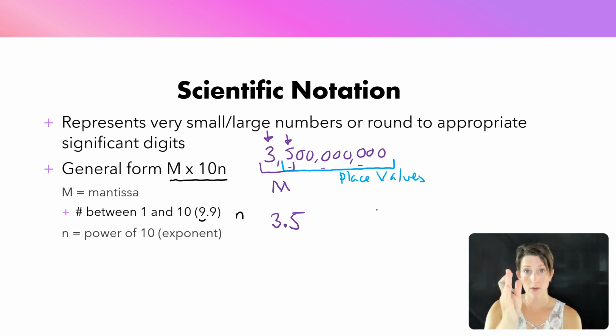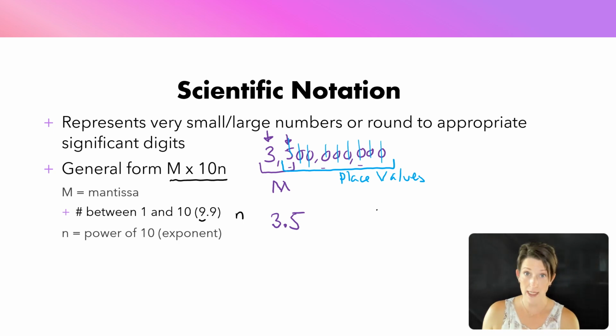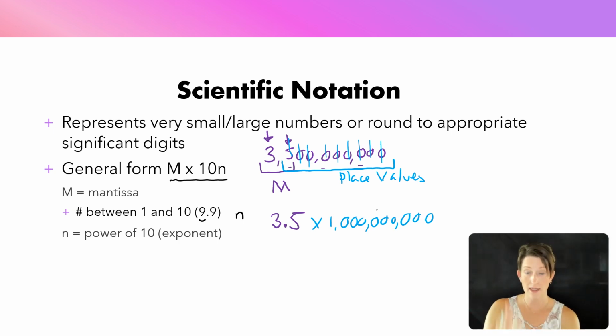Each place value is a change of 10. So when we look at this, we have 1, 2, 3, 4, 5, 6, 7, 8, 9 place values. Therefore, we're going to have 1, 2, 3, 4, 5, 6, 7, 8, 9, essentially, of those place values which we want to represent.